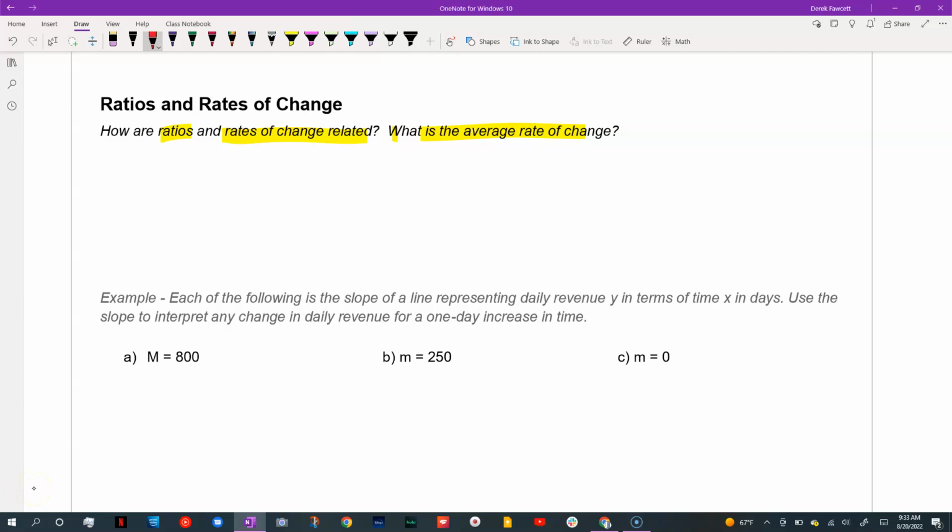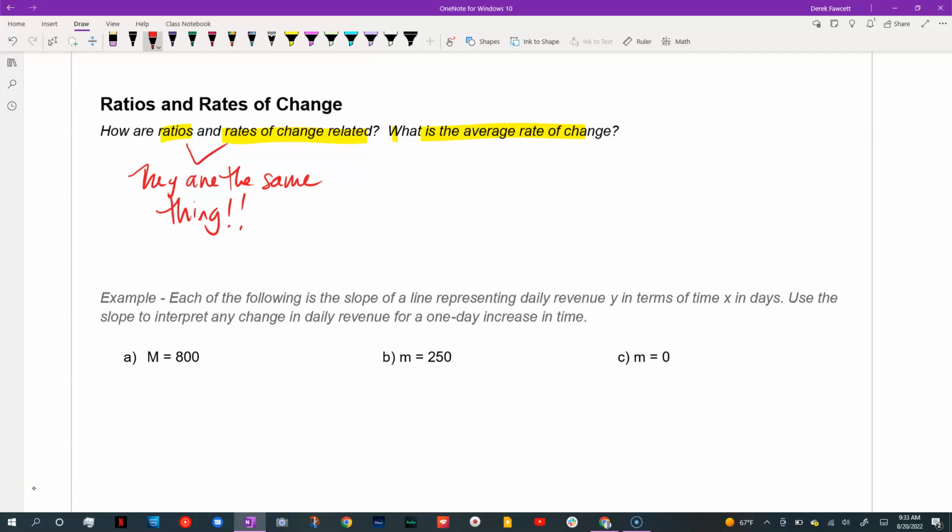So really, ratios and rates of change are related in the way that they both are exactly the same thing. So we'll put they are the same thing. Okay. A ratio is just a mathematical expression, and then the rate of change is using the concept or the content.